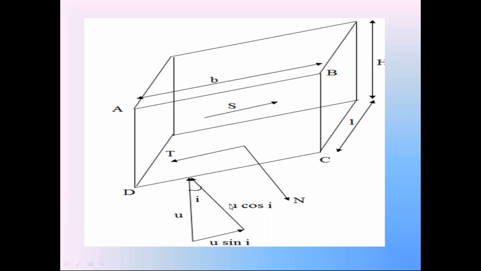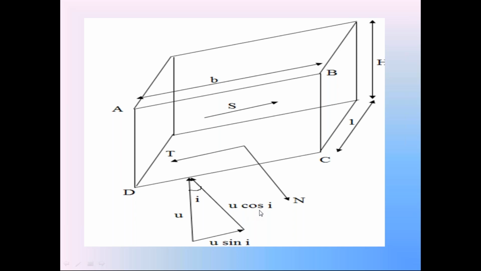This perpendicular component is U cos I. This parallel component is U sin I. Just now we discussed in the weight condition, the normal component of weight W is W cos I, same as this pore water pressure. Because with this line CD, the pore water pressure makes the angle 90 minus I, the normal component of pore water pressure is U cos I, tangential component of pore water pressure is U sin I.